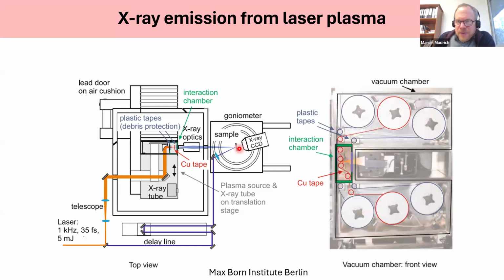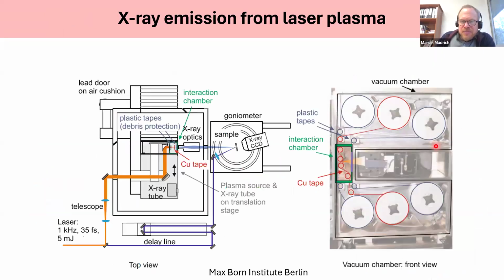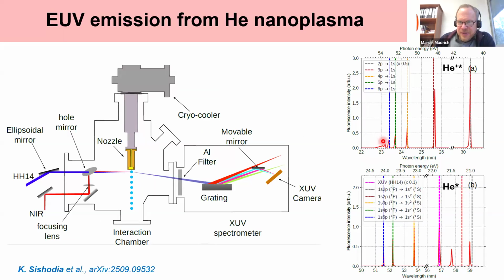As you can see from the emission spectrum from these helium droplets, only very sharp characteristic lines are emitted, and you would get very similar spectra from this copper tape. Of course, the characteristic lines would be at different positions, but this shows that since this relies on spontaneous emission and spontaneous transitions between specific quantum levels in the atoms and ions, there's very little way of controlling the photon energy.